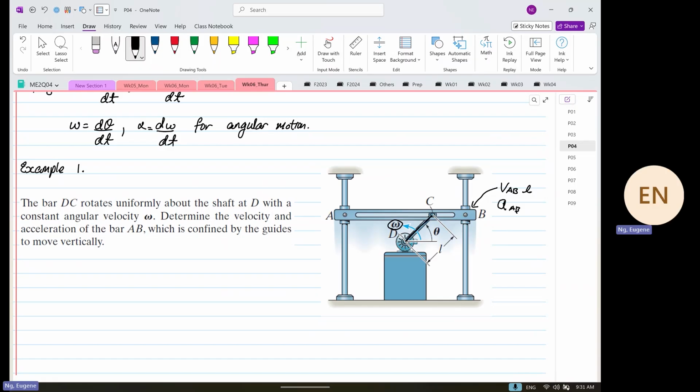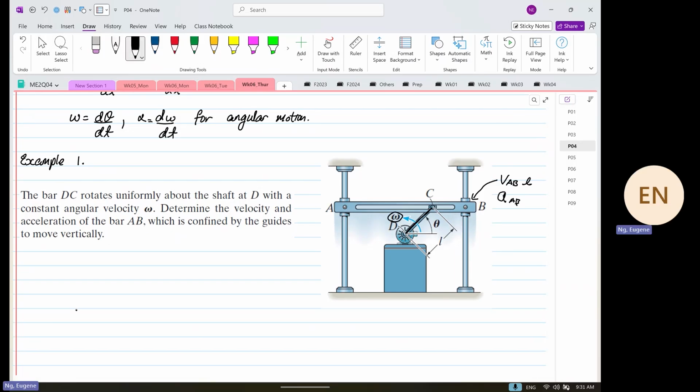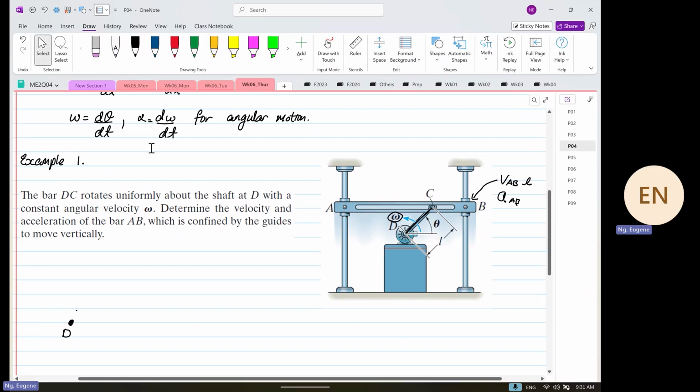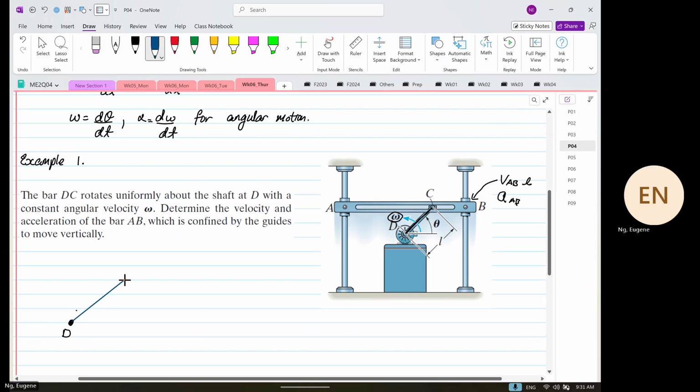Can you see the arm? So when the arm rotates, the arm has different positions. If the arm is at a certain position over here, this is our point D, and then I'm going to sketch our arm. So this is where our point C is.